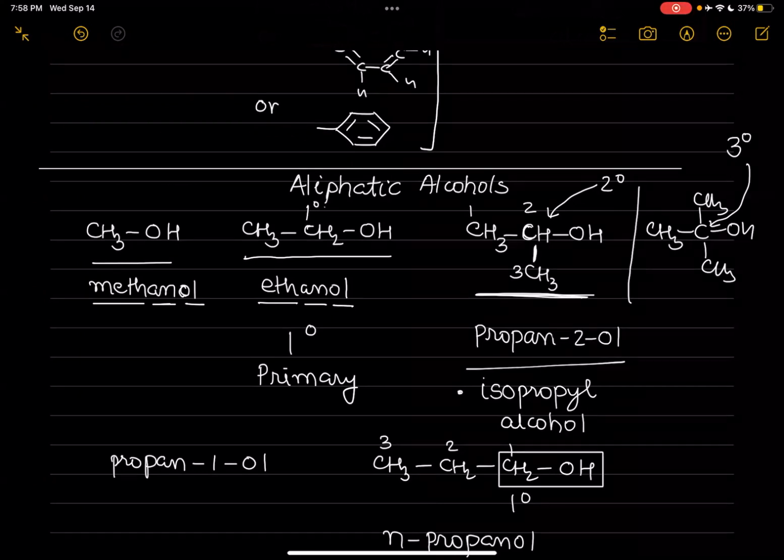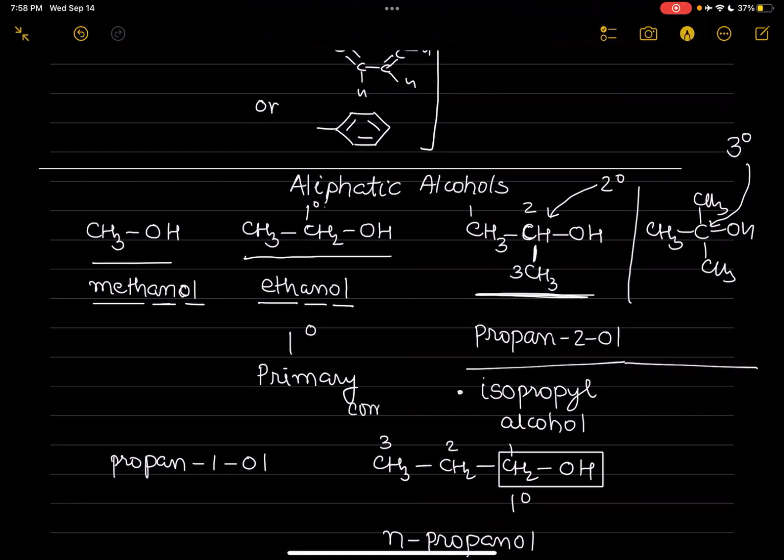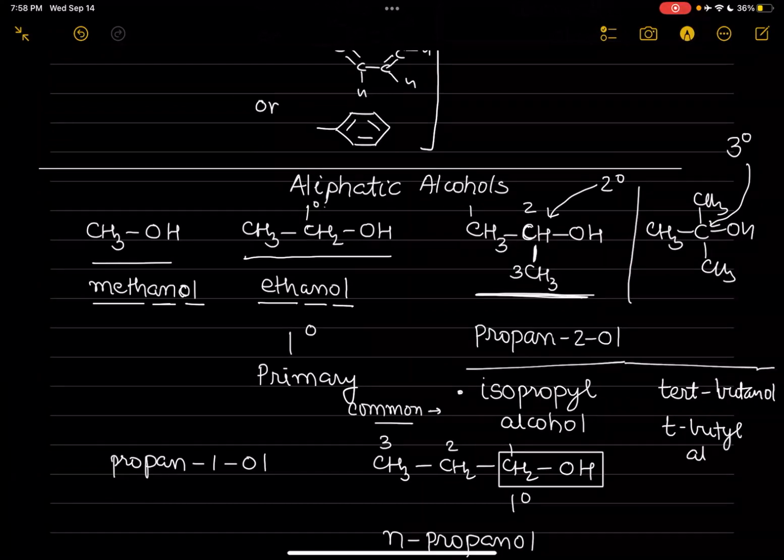And the common name is tertiary butanol, or sometimes it is written as T. But what will be the IUPAC name?